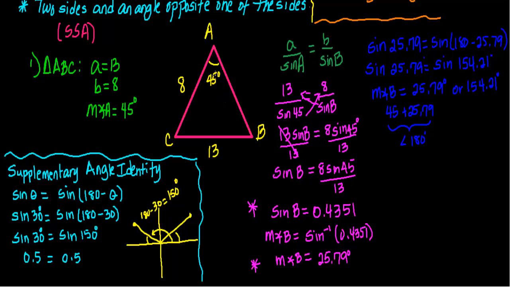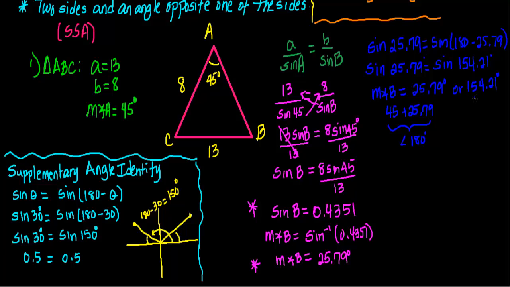It should, because if this is 45 and angle B is 25, it should be less than 180 because I still have one more angle to add, okay? So you can easily, without having to add them, see that this is 70 something. So we're good. That means angle B can very highly be 25.79.